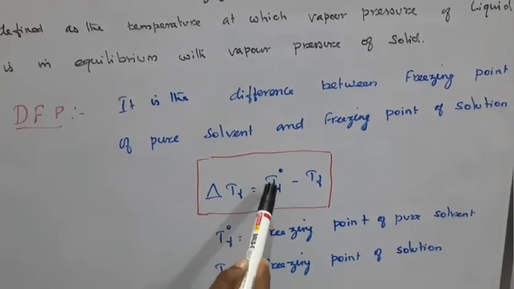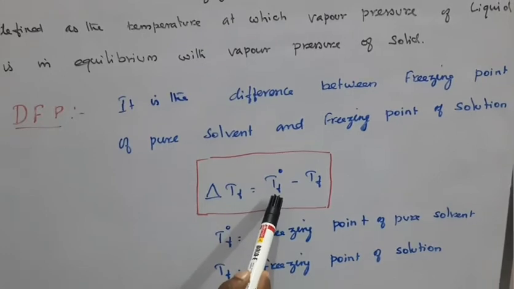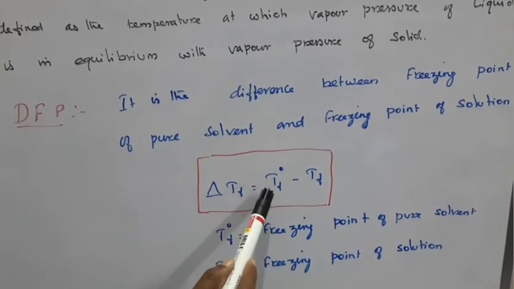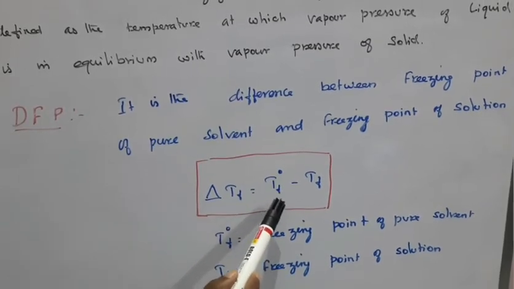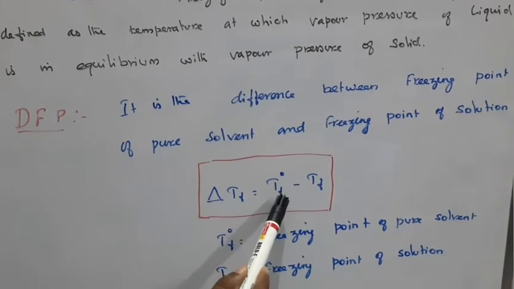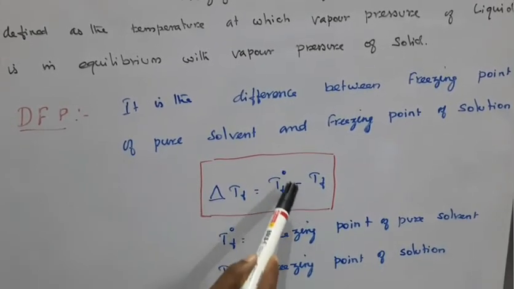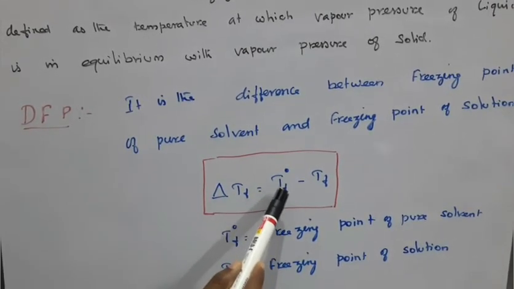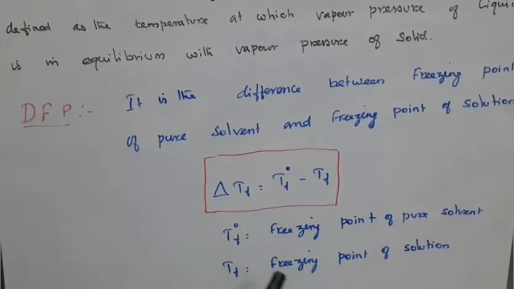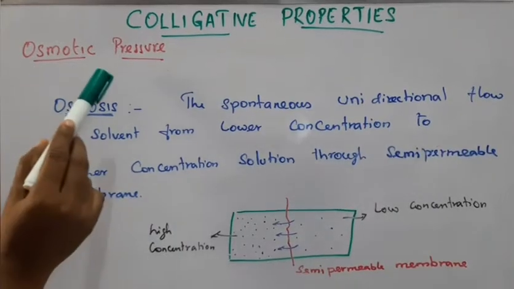We add a non-volatile solute like urea or sodium hydroxide. What happens? The freezing point decreases, down to, say, minus 4 degrees Celsius. So the freezing point of the pure solvent is larger than the freezing point of the solution. Next is osmotic pressure.